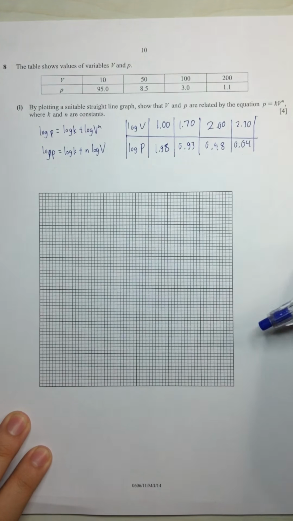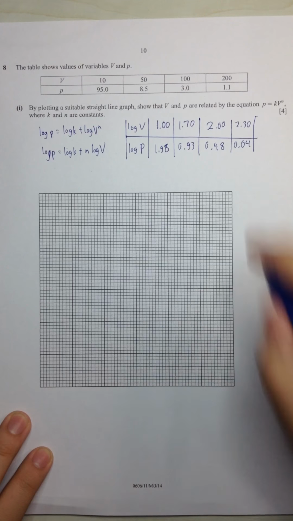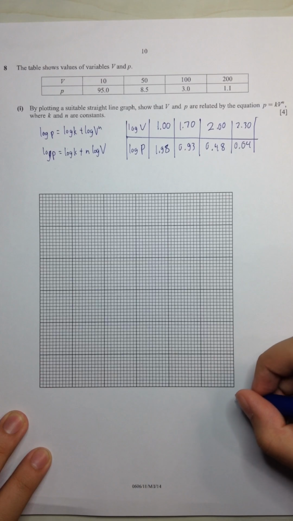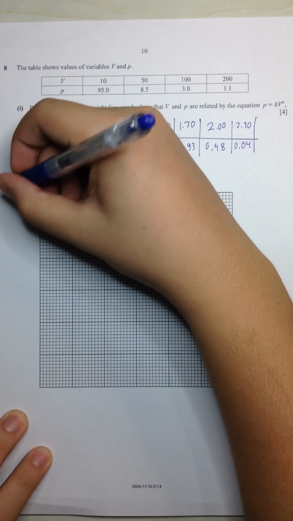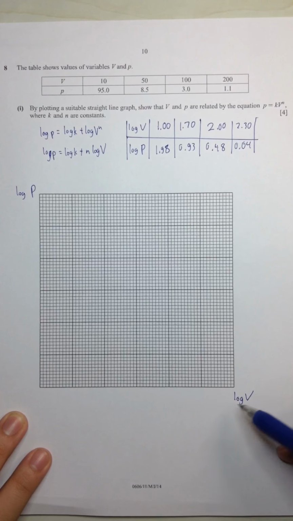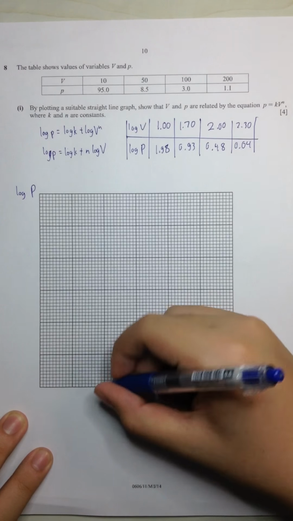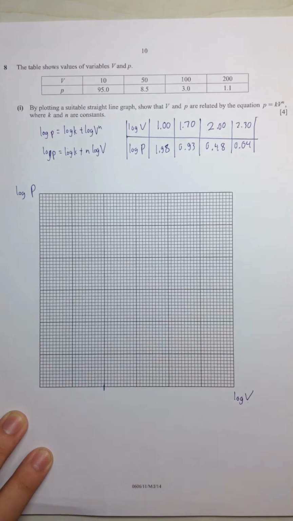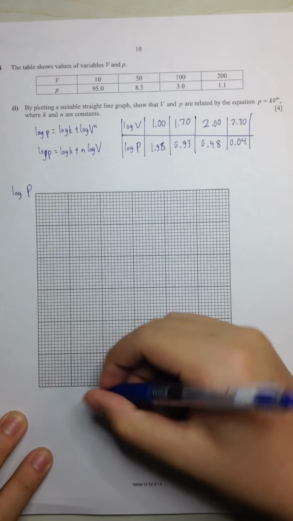After that, we can then finally put in the values in a graph. So the x-axis is log v and the y-axis is log p. For our x-axis, we make 2 centimeters for 1.